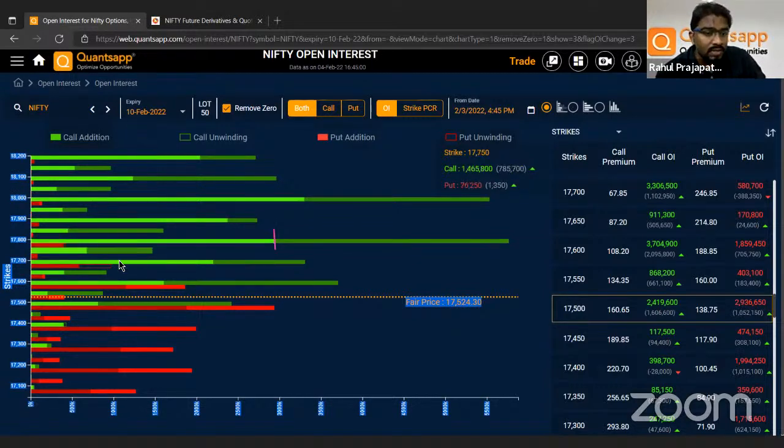Okay. So whenever you see some hollow thing here, that shows a put unwinding or call unwinding, irrespective of wherever you are seeing it. So if you see on 18,000, the hollow bar on the upside, so that is unwinding, right? And if we see this on this particular 17,700, you can see that 5,80,000 is the total open interest, and almost 4 lakh open interest has been decreased in the last trading session.